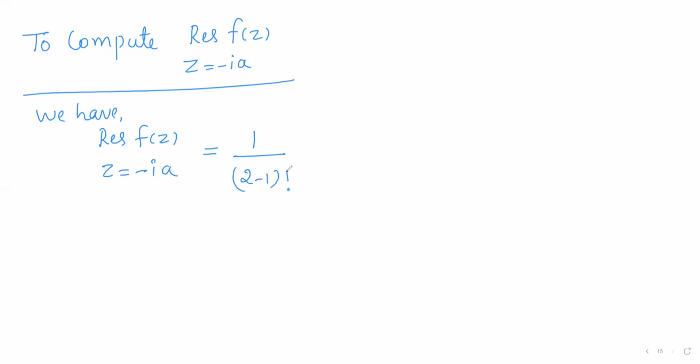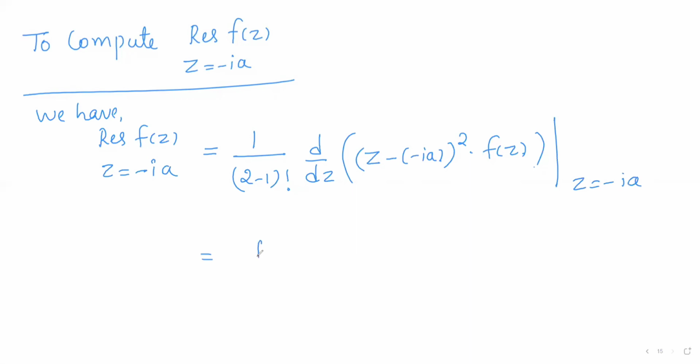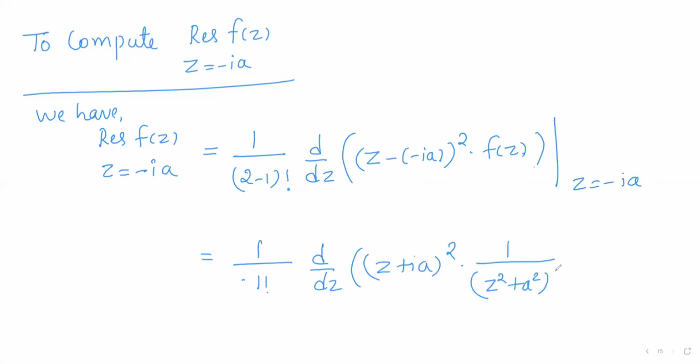So 1 by (2 − 1) factorial into differentiation of (z − (−ia))² into f(z), differentiated 1 time at z = −ia. So it is 1 by 1 factorial into differentiation of (z + ia)² into f(z), where f(z) is 1 divided by (z² + a²)² at z = −ia.